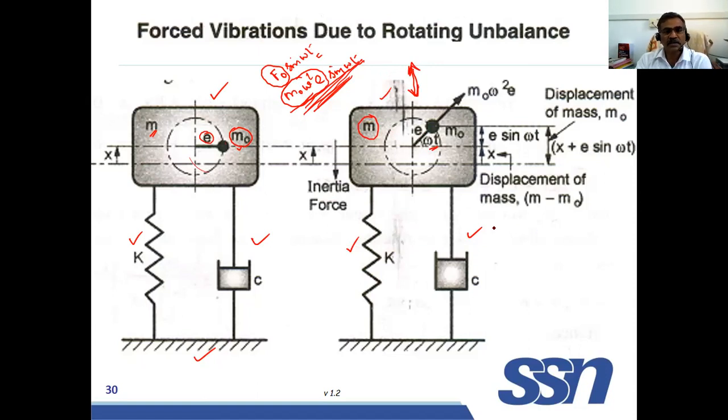So if you want to write the equation for that, X is the amplitude of vibration. X is equal to F naught by k, that was the equation. In place of F naught, what do we have? m naught omega square e. This is F naught.